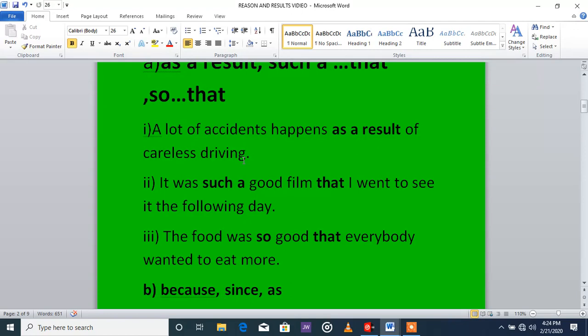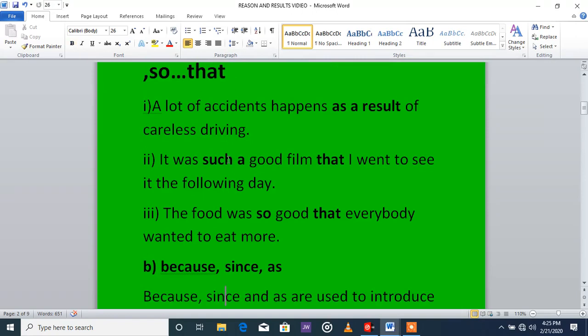Now what causes a lot of accidents? It is careless driving. So you can begin with as a result: as a result of careless driving, a lot of accidents happen. I hope you have seen how we use as a result there.